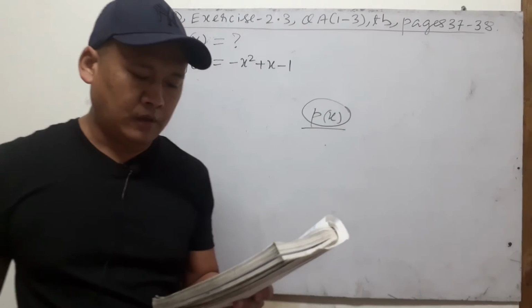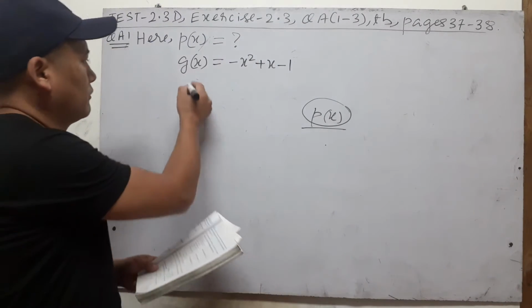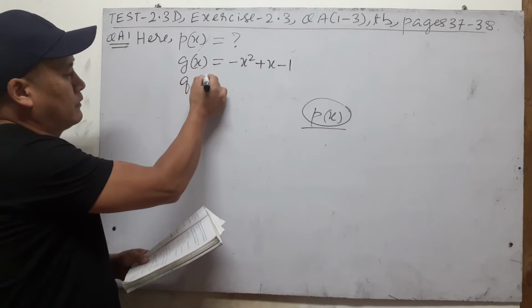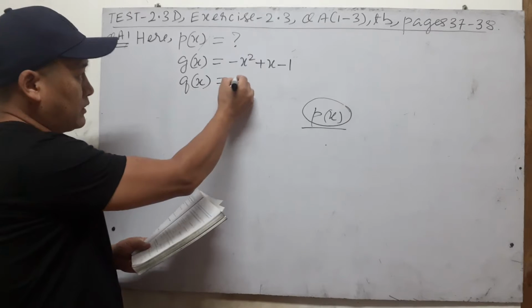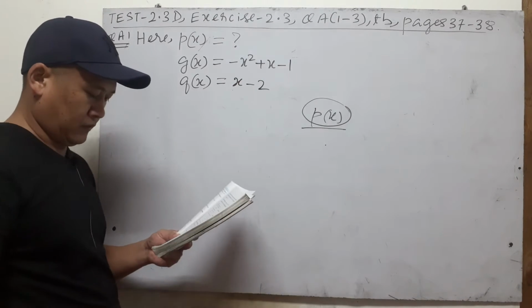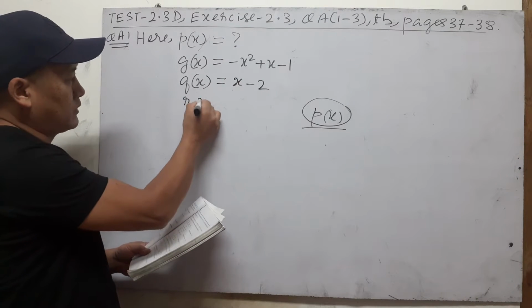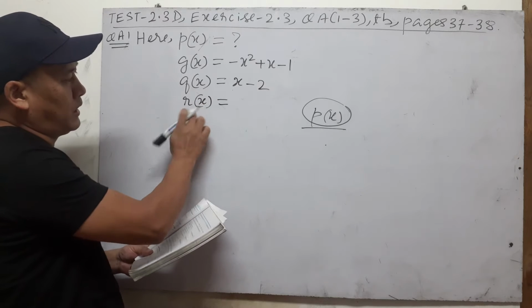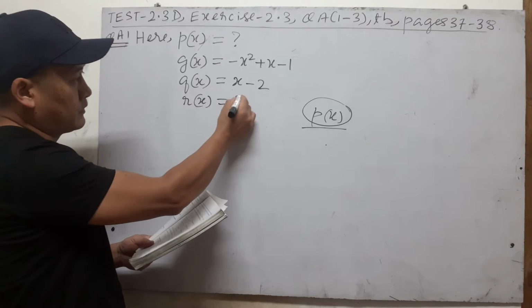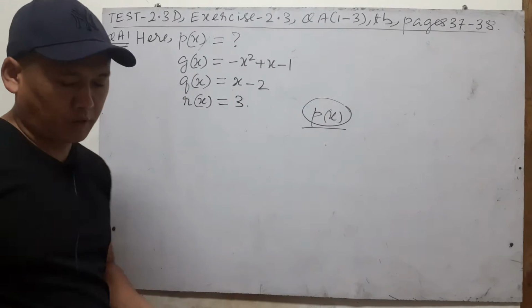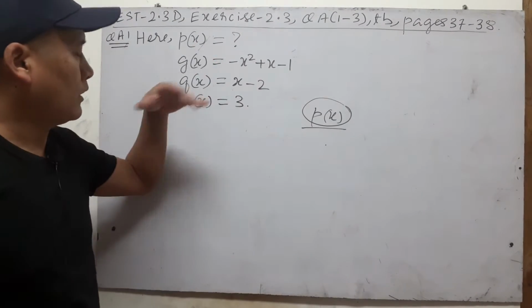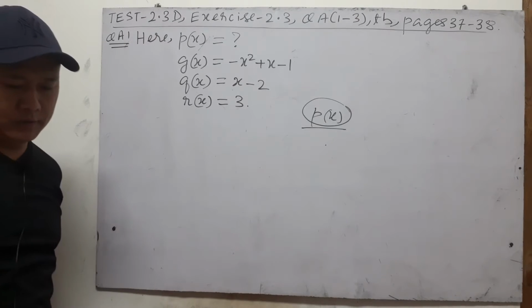G of x gives quotient. Quotient is, as we know by now, denoted by q of x, quotient x minus 2. And remainder, which is usually denoted by r of x, is 3. So given g of x, q of x and r of x, we have to find that particular polynomial p of x.